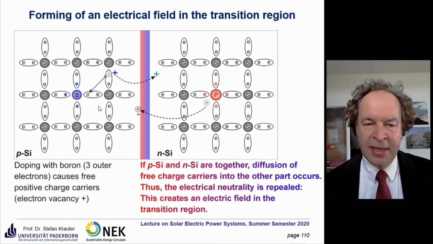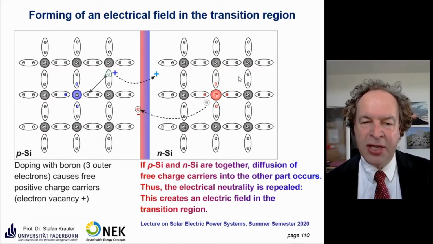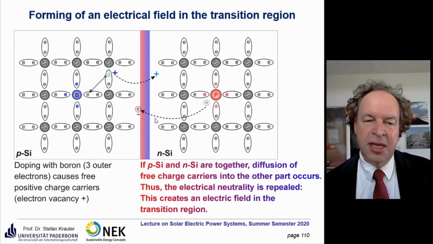And if you combine those two, you have a concentration difference. Here you have a high concentration of free negative charges, and here you have a high concentration of positive charges. What happens? There is a diffusion. This means that negative charges like the electrons move over to the p-silicon part, and vice versa.